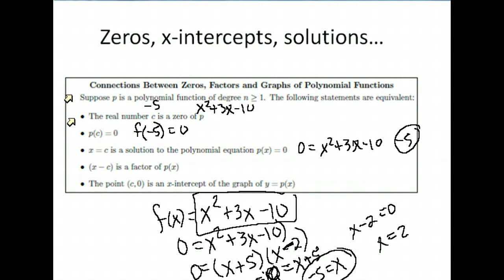X minus c is a factor, so x minus negative 5 becomes x plus 5. Was that a factor? Yes, it was. And the point c, 0, the point negative 5, 0, is an x-intercept for the graph. So all of those things just from solving for negative 5.